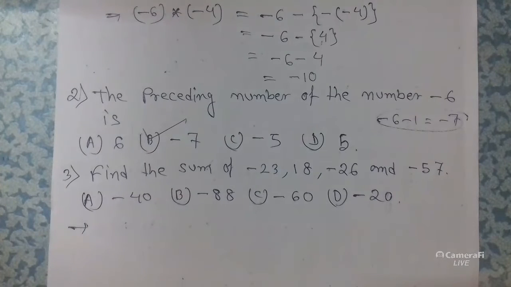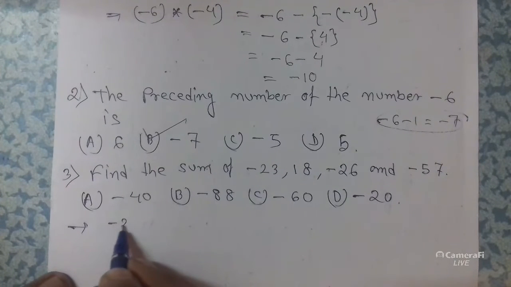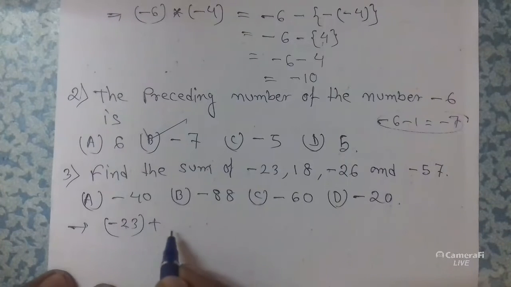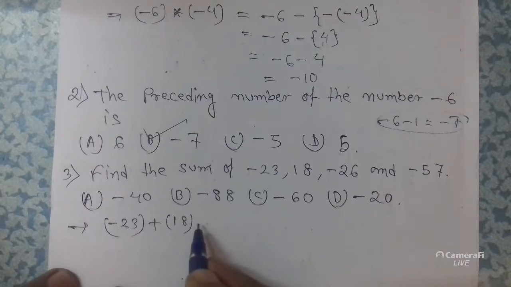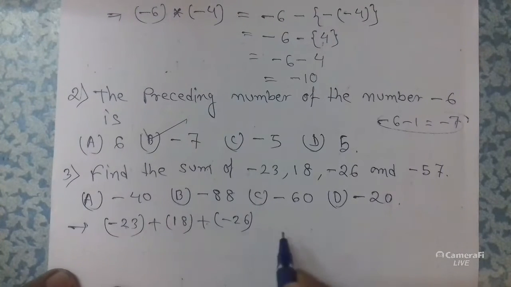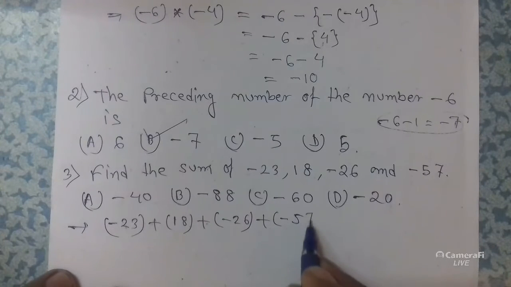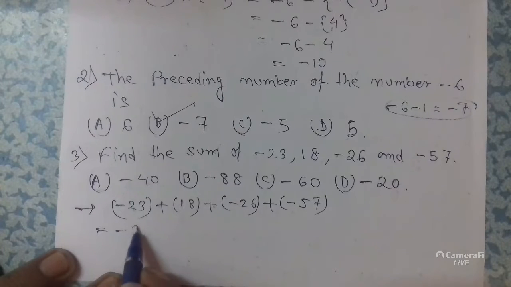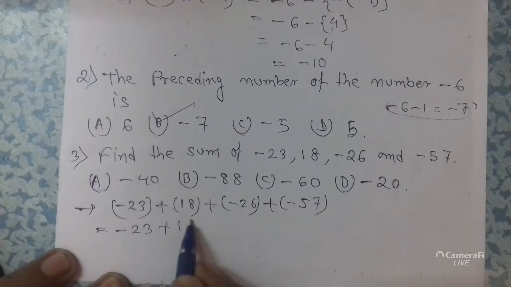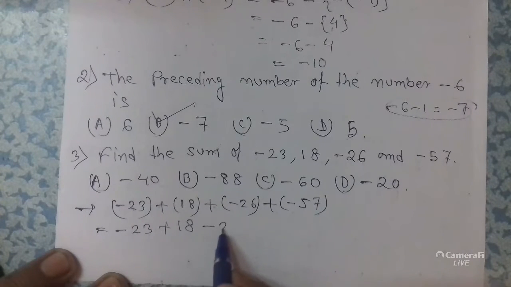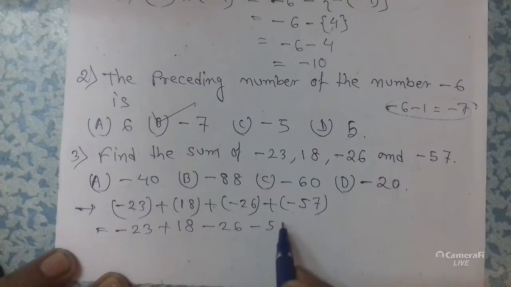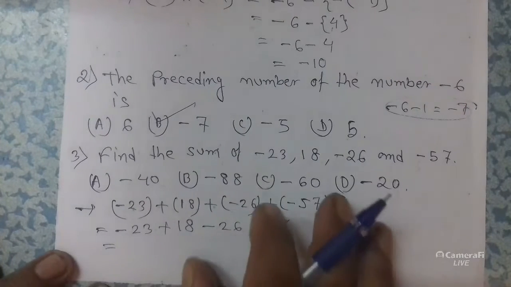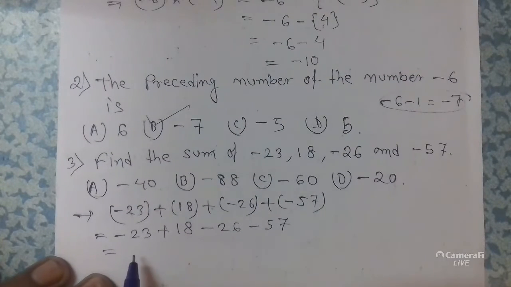So we have to find the sum of these numbers. So we have to add these numbers to find the sum. So minus 23 plus of 18 plus of minus 26 and plus of minus 57. Now remove these brackets. So it will be minus 23 plus 18 minus 26 and minus 57. So here students, you can see that three numbers are negative and one is positive.